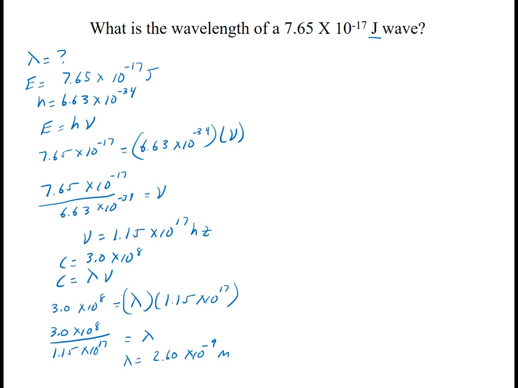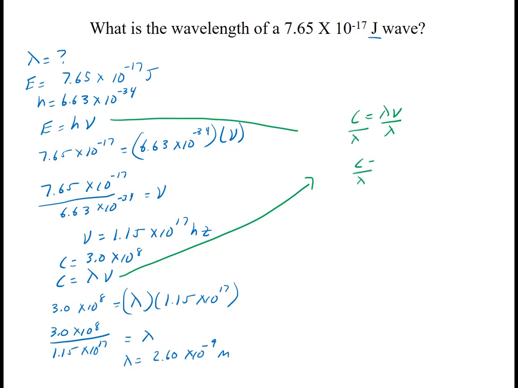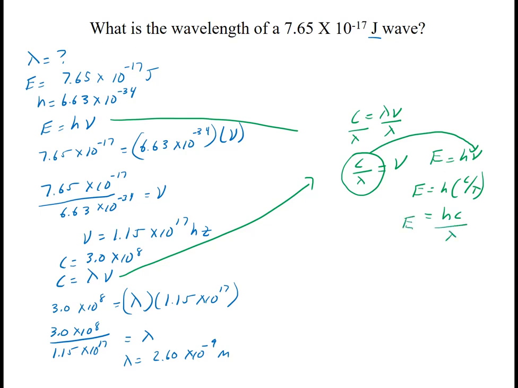However, if I take these two equations, let me change colors here. If I take this equation and this equation together, and I solve this equation, if I divide c is equal to lambda nu, I divide both sides by lambda, then I have c divided by lambda is equal to nu, and I take E is equal to h nu, and I substitute this in, I get E is equal to h times c divided by lambda, or hc divided by lambda is equal to energy.